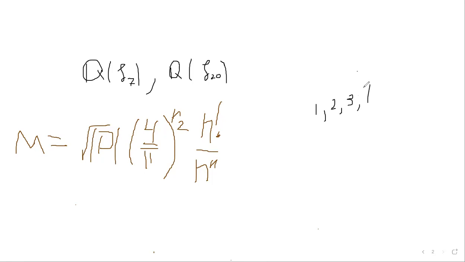Any ideal contains an element of this norm, right? Yes. So now the question is, can it contain... We need to prove that if an ideal contains 3, then it's principal, for example.